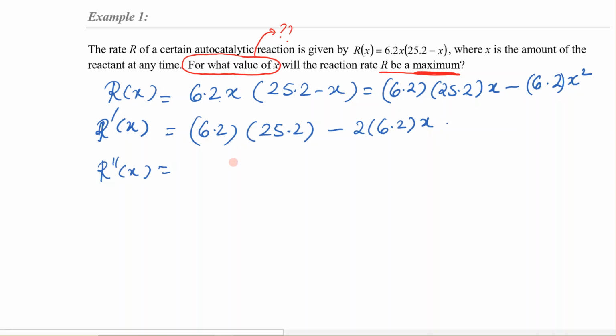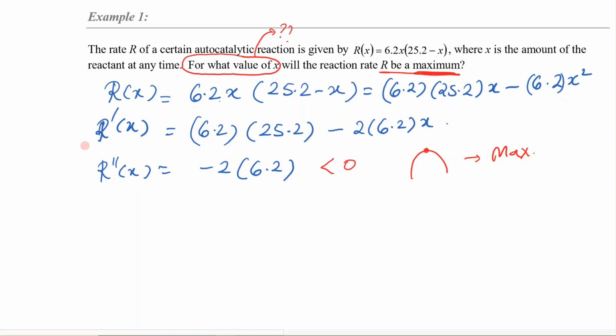So the derivative of a constant is 0 and the derivative of this is this. And one thing we notice is that this value is always negative regardless of what our critical value comes out to be. So it means it's going to be concave down. So that means we're going to get a point of maxima at our critical value.